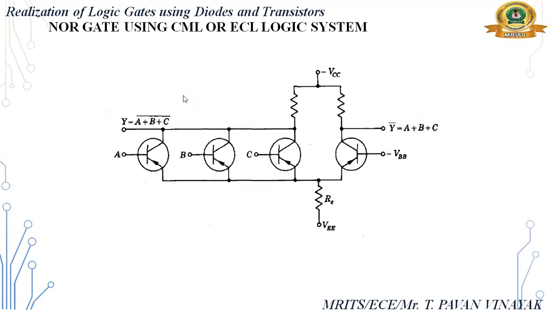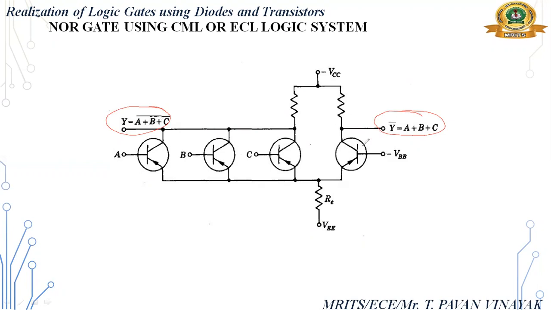And the NOR gate using ECL circuit. This is the NOR gate using ECL. The circuit can produce two outputs. Observe here, we get two outputs, first output and second output. Both outputs are complements of each other.